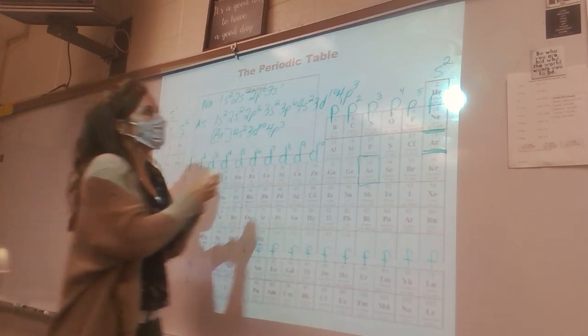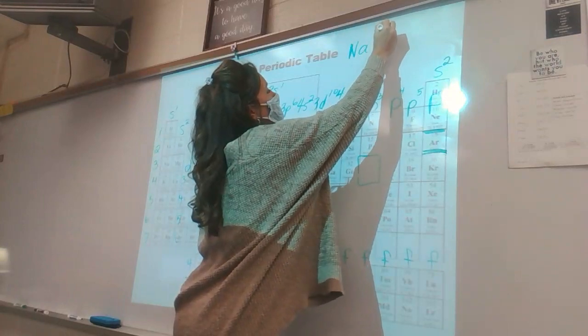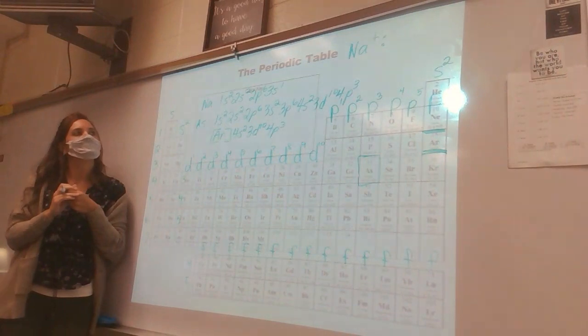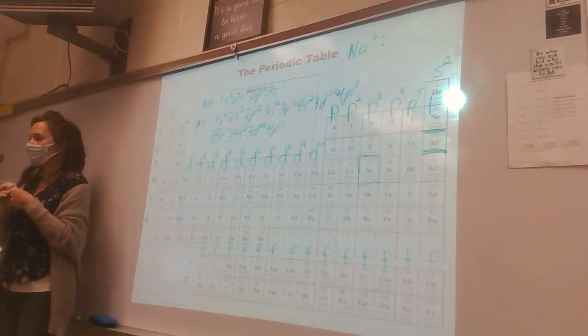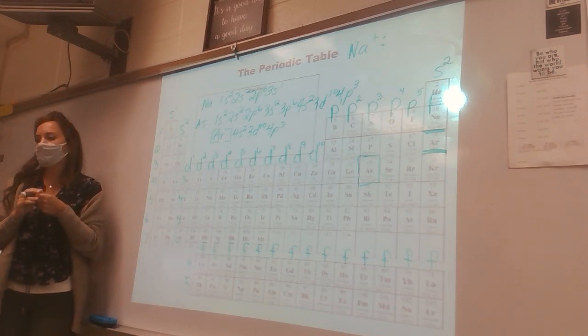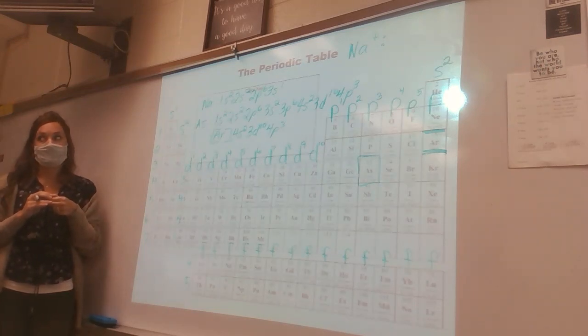So say I gave you this one. Sodium plus, the electron configuration for sodium plus. What does that plus tell me about sodium? It has lost an electron because it's 1 plus now.